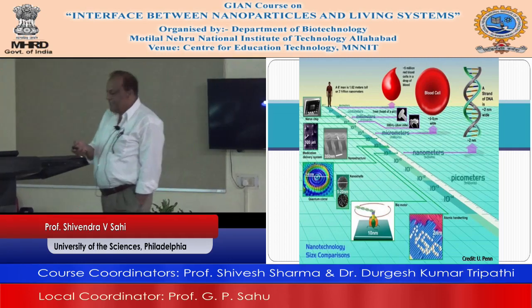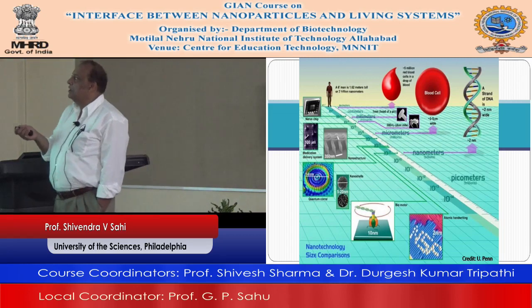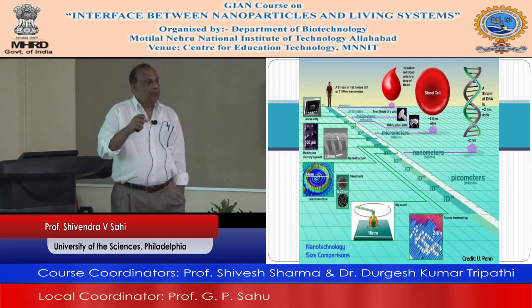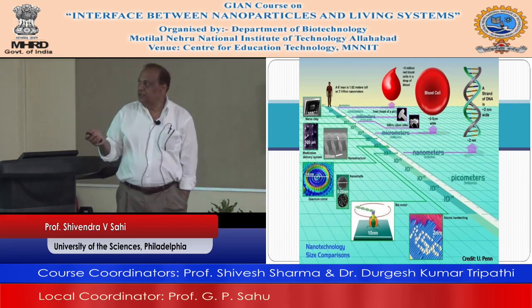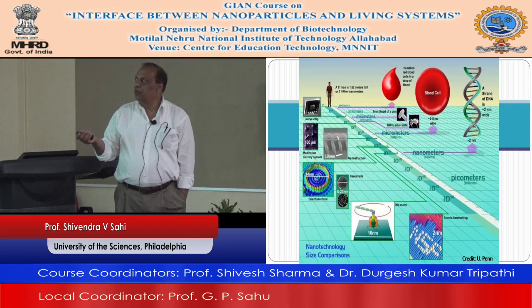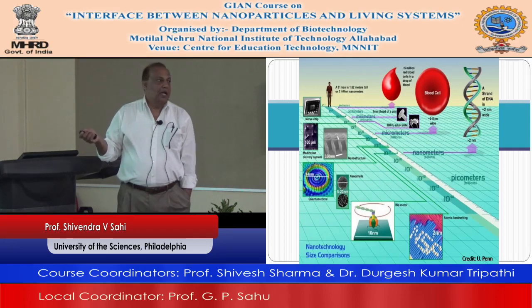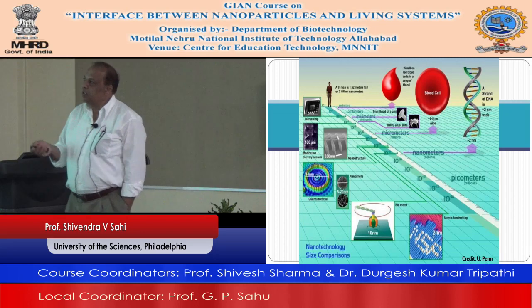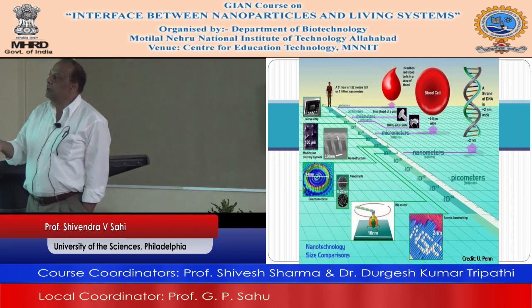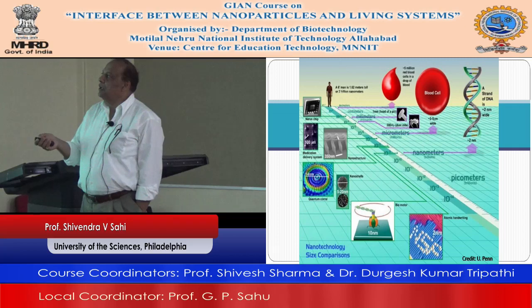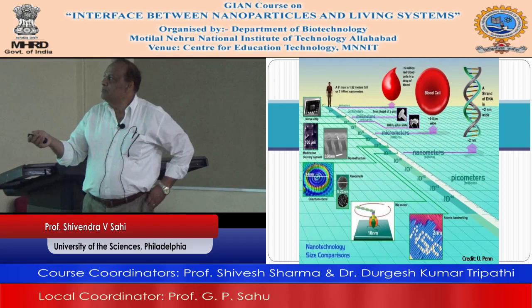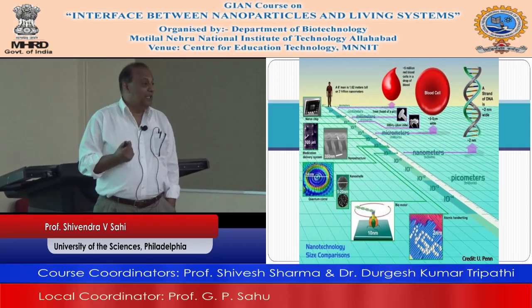If you look at some examples here, this is your DNA helical structure, approximately a nanometer in size. The blood cell is a micron, 2 to 5 micrometers in size. Some of the apparatus used in nanotech are at different sizes down here. Look at the head of a pin, which we all use, approximately 1 millimeter in size.